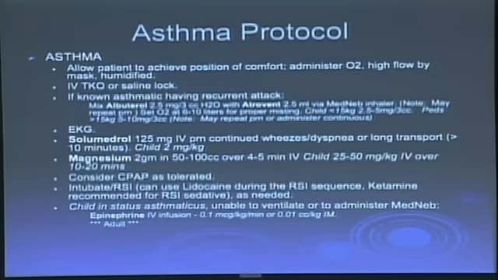Now, a child in status asthmaticus: you can't ventilate the patient, you're having a difficult time with just your med-nebs, and the patient is in pure status asthmaticus, then we will add epinephrine. And epinephrine, I would prefer, of course, as an IV drip at about 0.1 micrograms per kilo per minute.